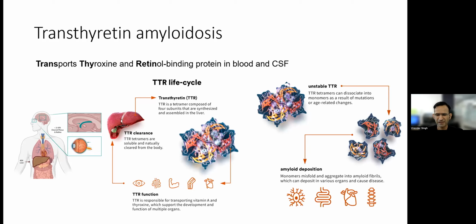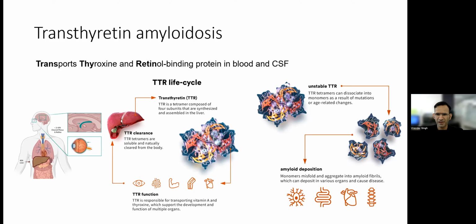Under normal conditions, transthyretin, which occurs as a tetramer composed of 4 subunits, is, as I mentioned, mostly synthesized and assembled in the liver. It performs multiple functions and undergoes clearance, and that's how the cycle goes on.